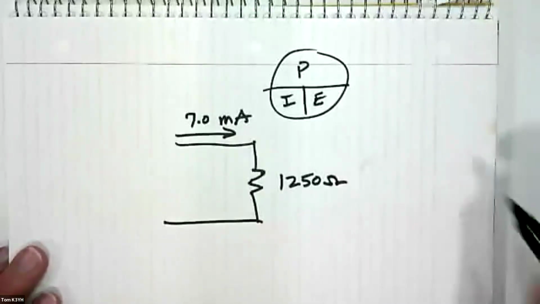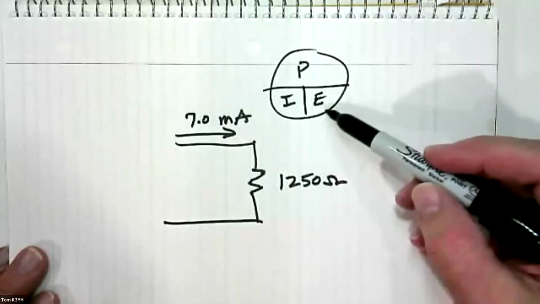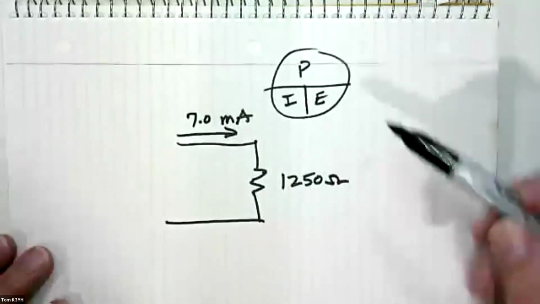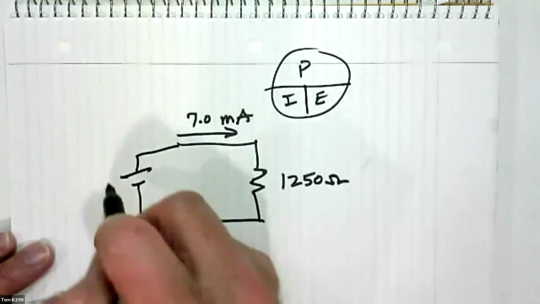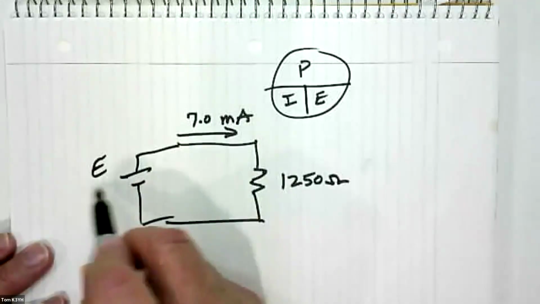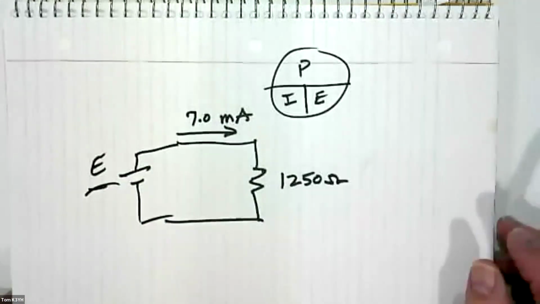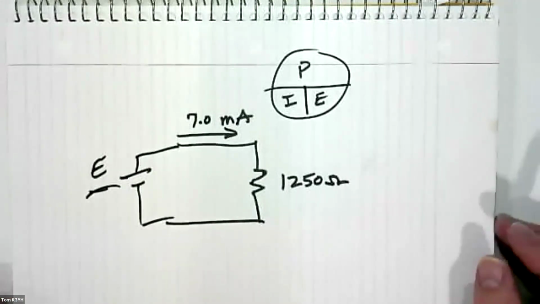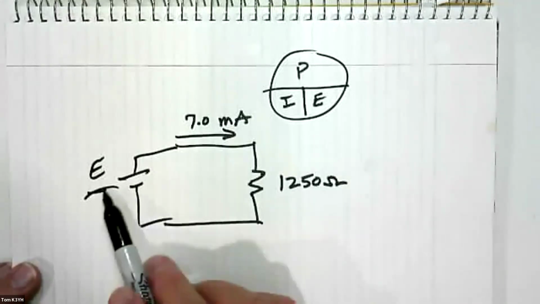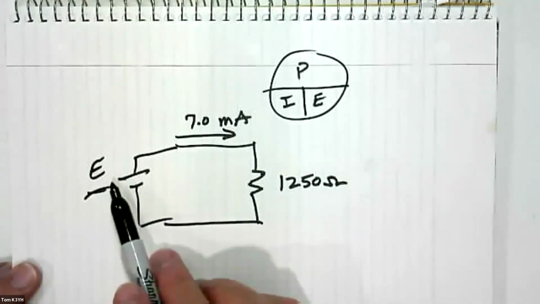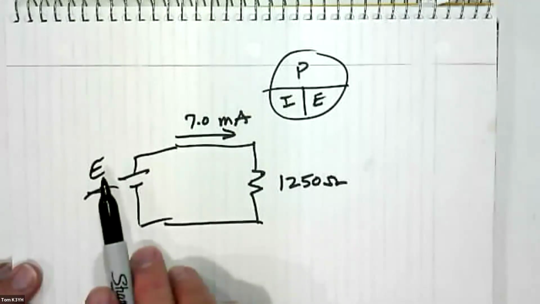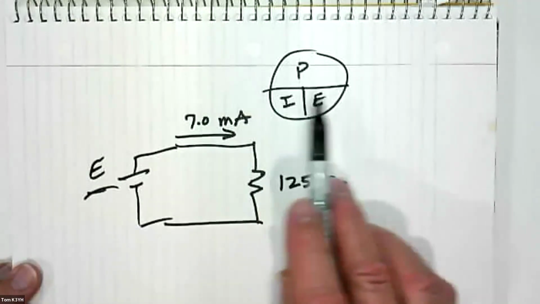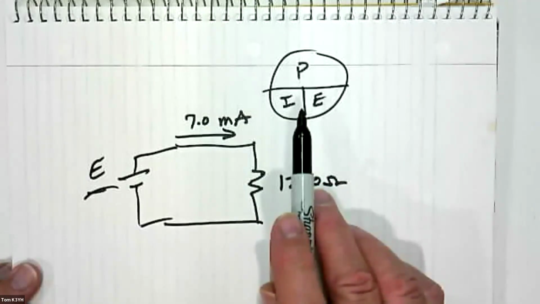and it says, okay, I want to calculate power, so it's I times E. Well, here's the problem, because there is an E out here, E volts, but I don't know what it is. In order to calculate power, I have to figure out what E is first so that I can do this equation.